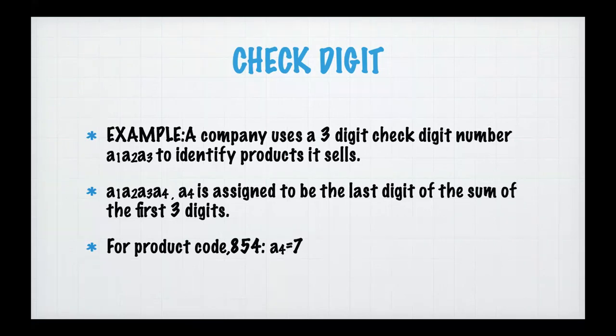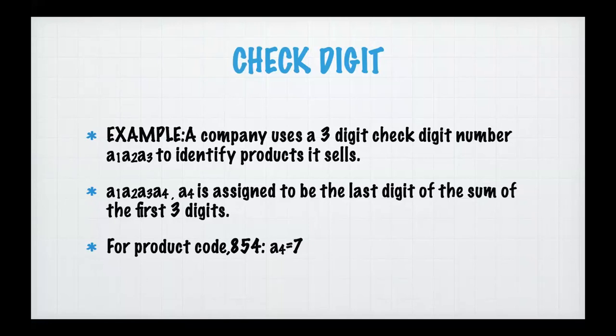Suppose the sender is sending a message and I have to check whether the message is correct. I can't all the time call and ask the sender, can you repeat? So the code itself, the number itself, should have an identification system wherein you can check whether an error has happened or not. So that gets us to check digit.